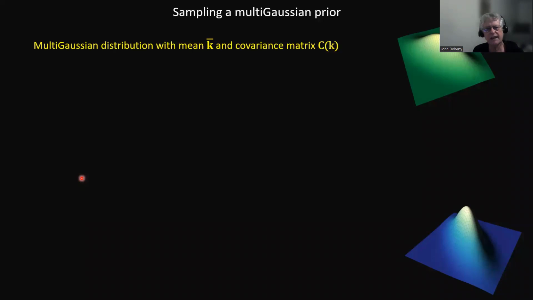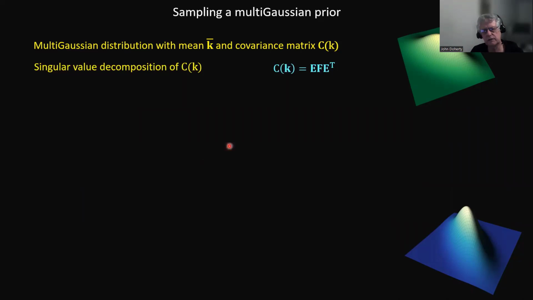Suppose that K has M elements. So I've got to generate a realization of an M-dimensional parameter field. Suppose also that M is 20,000 or something less than that. So this may characterize pilot point parameters. So this is pretty easy.